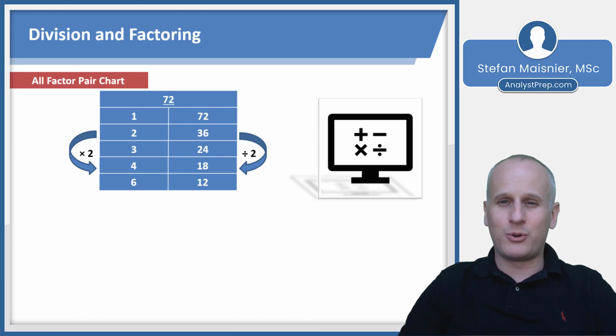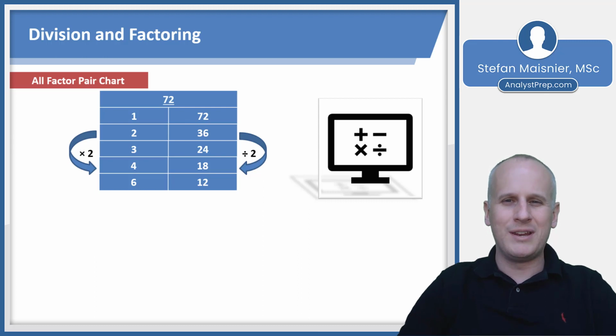We know that 5 doesn't work because there's no 0 or 5 in the units digit, and then 6 has to divide evenly into 72 because both 2 and 3 are factors of 72, and you can see as well the same resource of the multiplication and division offset would work with 3 to 6. That's a multiple of 2, take 3 times 2 to get to 6. And 24 divided by 2 gives us 12.